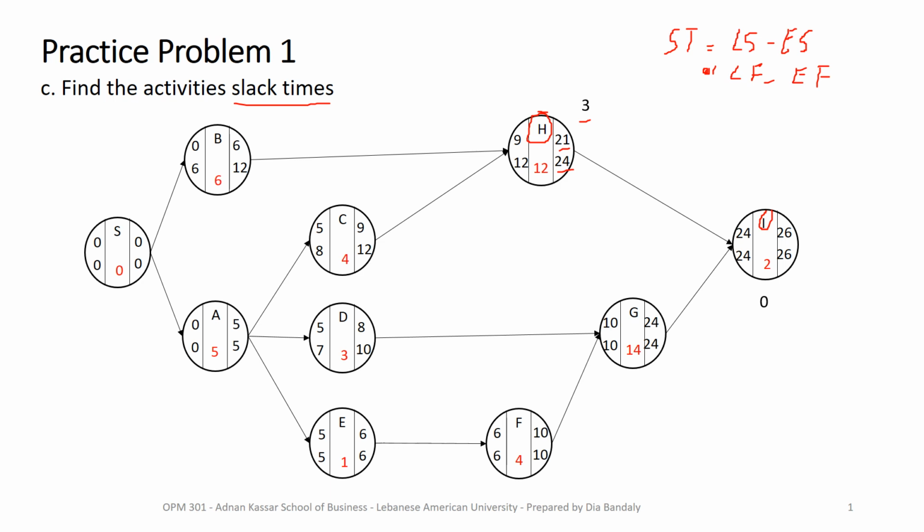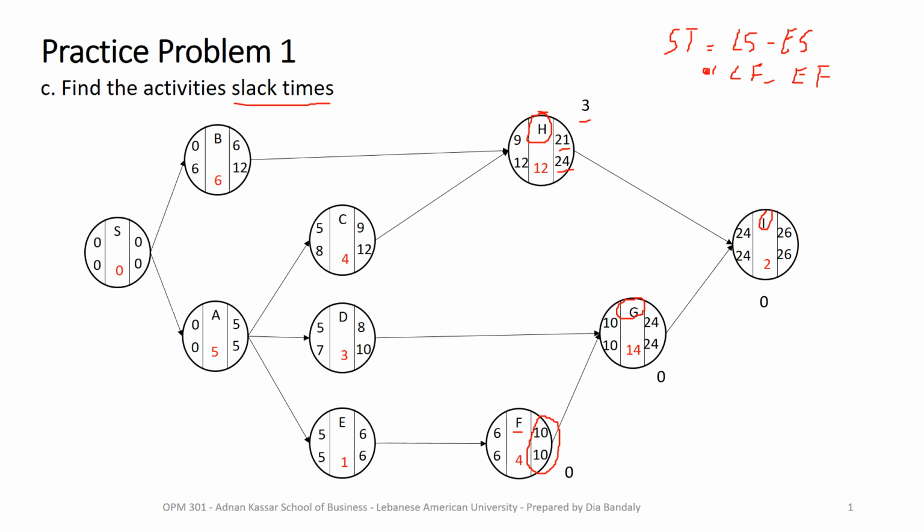For activity G, we can see that these both values are the same, which means it has a slack equal to 0. For activity F, also these two values are the same, early start, late start, early finish and late finish. These are equal, which means the slack is 0.